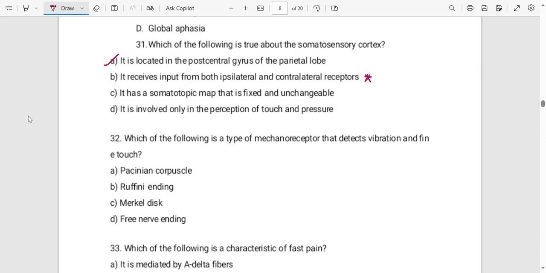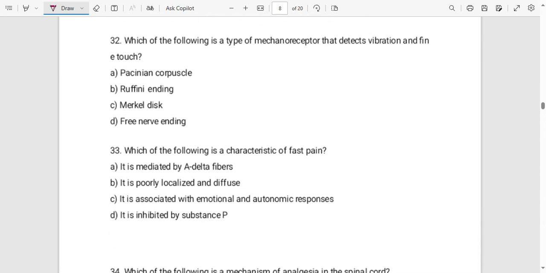Only contralateral. Thank you. Okay, 32. Which of the following is a type of mechanoreceptor that detects vibration and fine touch? Pacinian corpuscle, Ruffini ending, Meissner disc, free nerve ending.